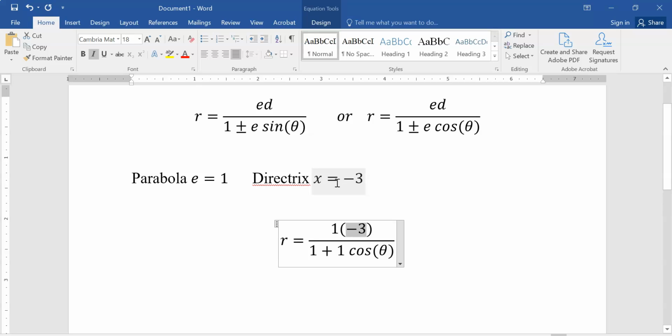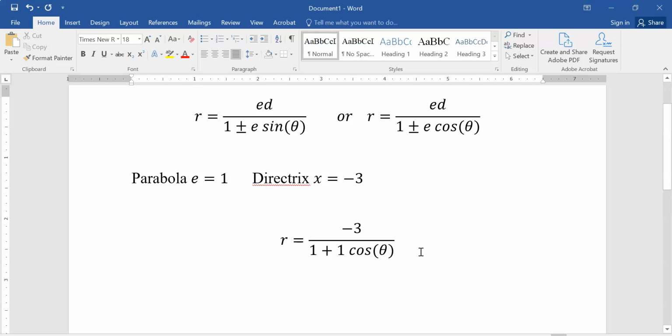If it's x equals a number, whatever that number happens to be, I can just plug it in for d as long as I use the plus in the denominator. Hopefully that all makes sense. So I get r is equal to 1 times -3 over 1 plus 1 cosine theta. And what I would do there is just simplify: 1 times -3 is simply -3. And there it is. That's done.